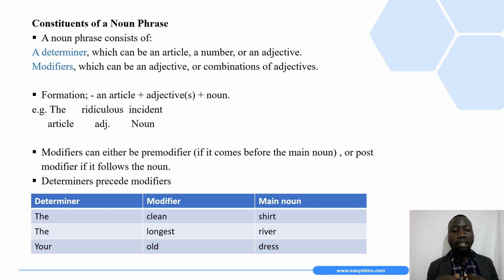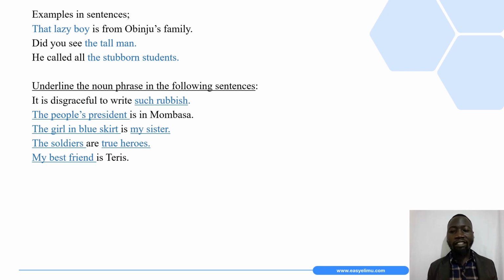the table. Other examples in sentences include, we have that lazy boy is from Obinjo's family. So in that example, the noun phrase is that lazy boy. So we have the determiner, that, followed by the modifier lazy, and our main noun boy. Then the following example is, did you see the tall man? So our noun phrase in that example is the tall man.